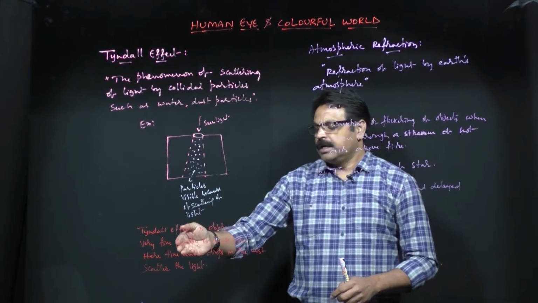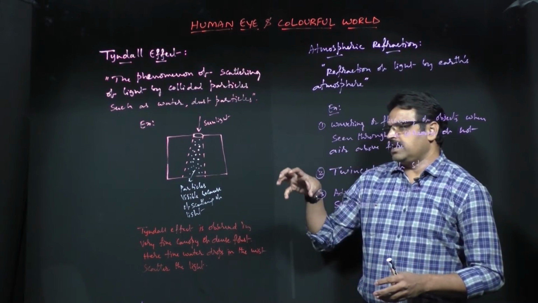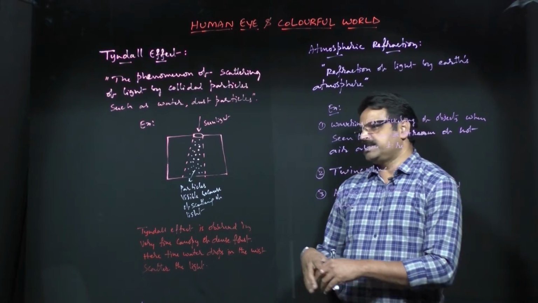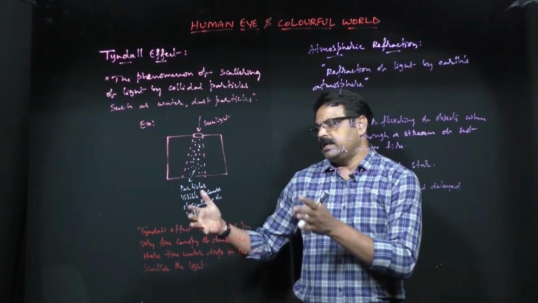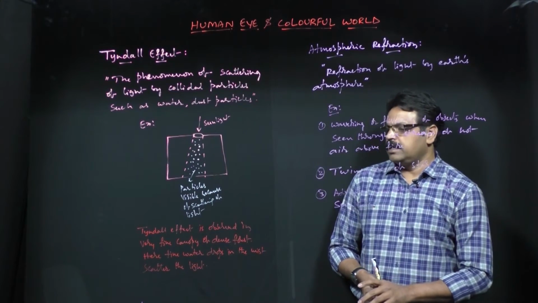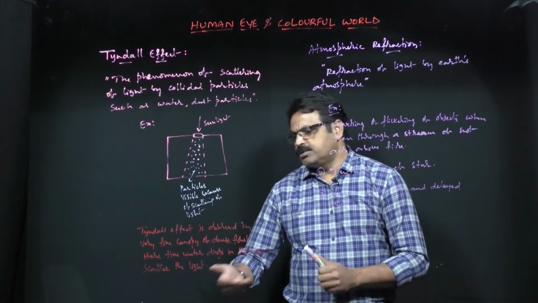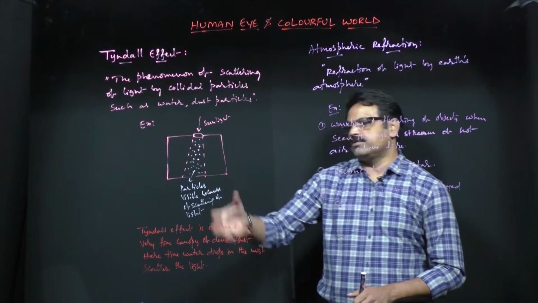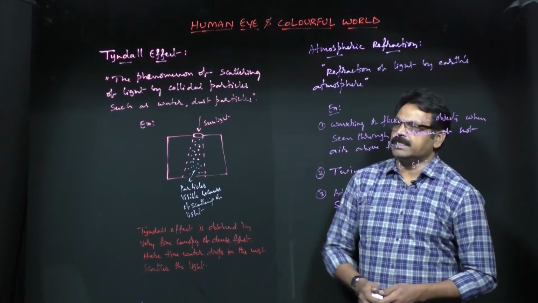Whenever the light is absorbed by the water droplets, it will be scattered. That's the reason a fine canopy of light can be observed in a dense forest. That is also due to the Tyndall effect. So this is also one of the features of the scattering of light.